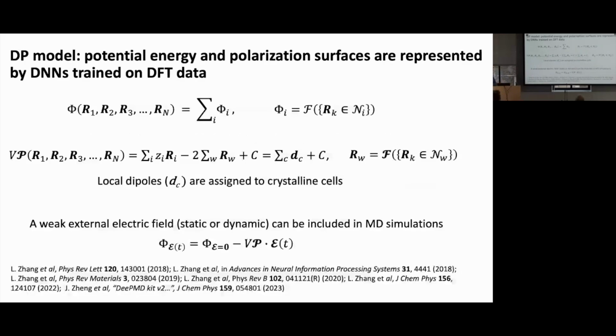Let me just explain briefly what that is. Essentially, this is a coarse graining of the DFT calculation from which we extract the potential energy surface, so the dependence of the potential energy on the atomic coordinates, and this potential energy surface is represented by a sum of atomic energies.